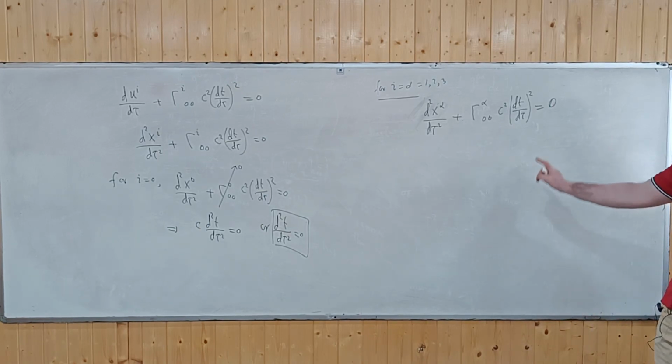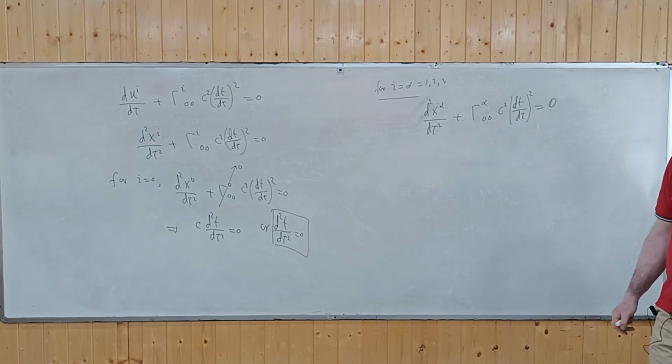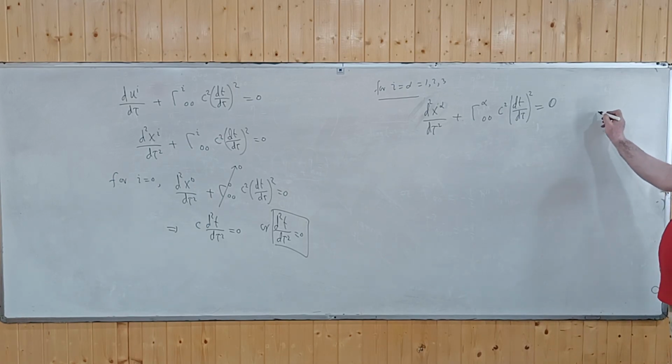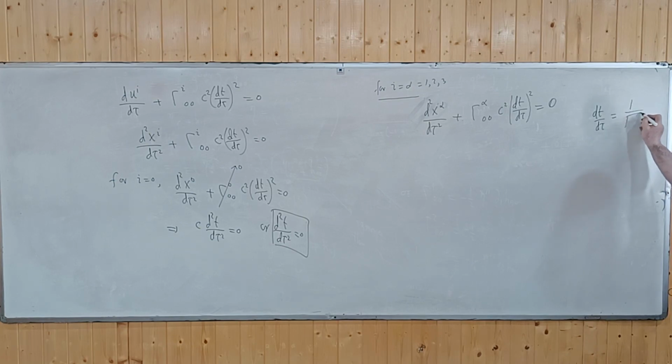So dt/dτ is equal to 1 divided by root of 1 minus v²/c². Since v/c is less than 1, this is approximately equal to 1, because the proper time and the coordinate time will match when a particle is moving slowly compared to the velocity of light. So this is equal to 1.